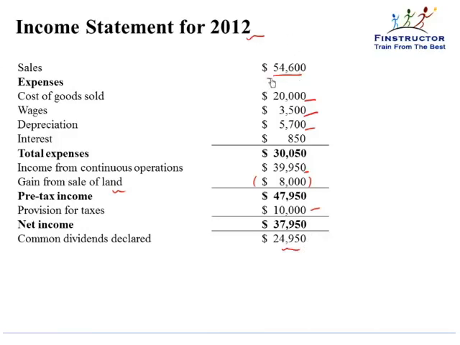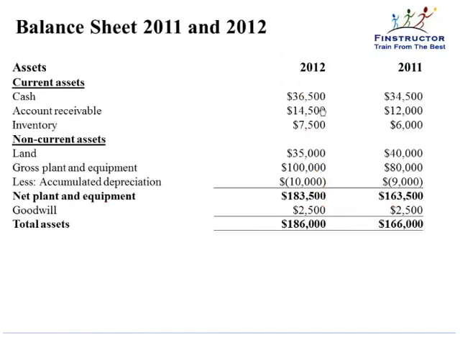However, please remember the sales figure from this statement that we will use in the coming section. So likewise, we are given the balance sheet as on the end of 2011 and the end of 2012. Remember, income statement is for a period, balance sheet is as on date. It is a cumulative position till the end of 2011 and till the end of 2012.